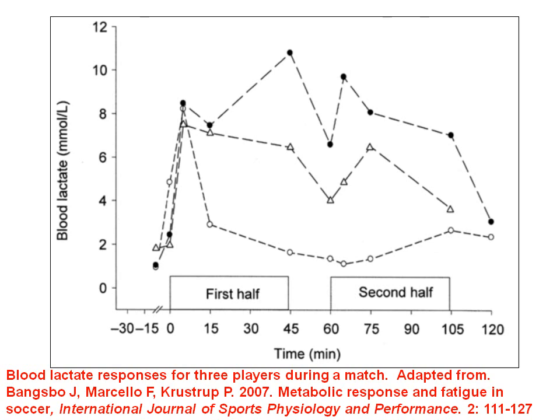Now, what we see here is that the lactate concentration throughout the game is quite variable for individuals, but in all of them you can see that there's a decrease. So we get to the end of the first half, it decreases during the half-time period, and that's because there is a recovery process taking place.